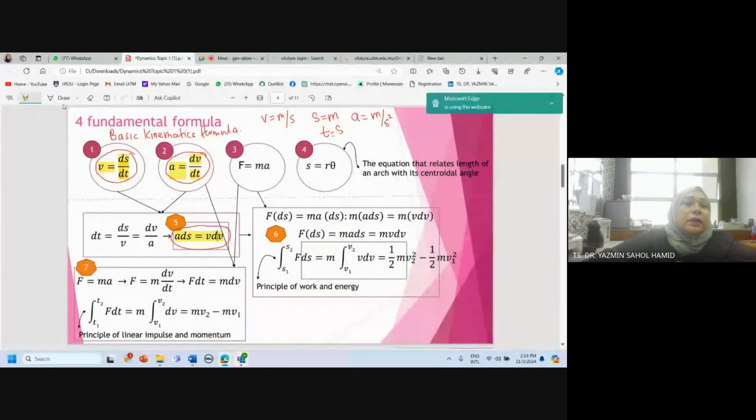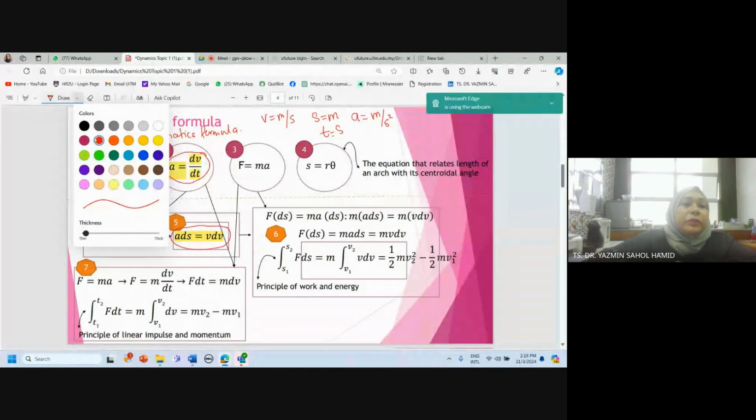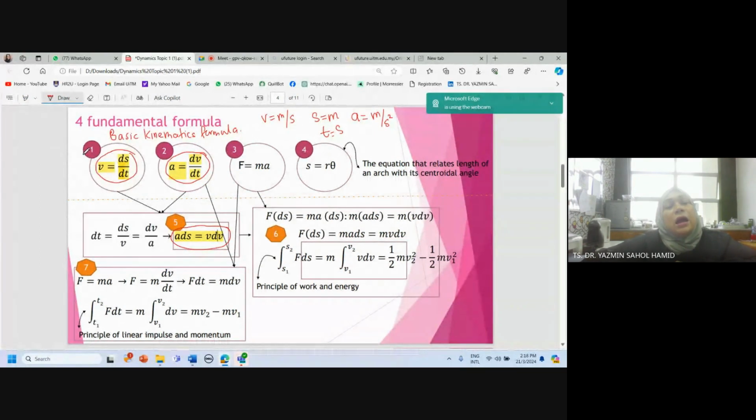Now again, from the first formula and the second formula, you can create another formula, which is formula number 5, the third formula that I said is important, which is ADS equals VdV.